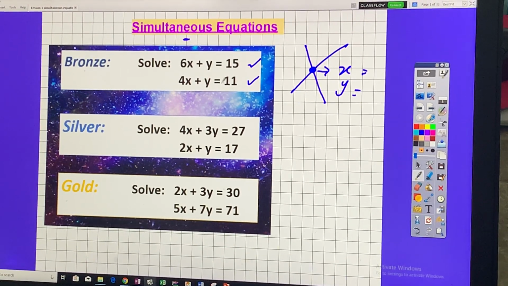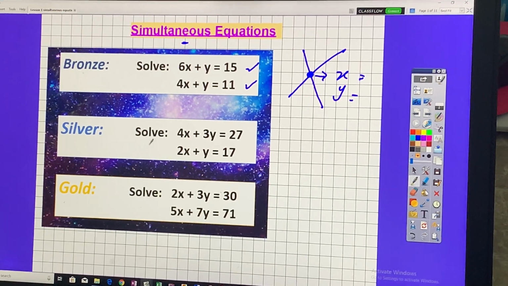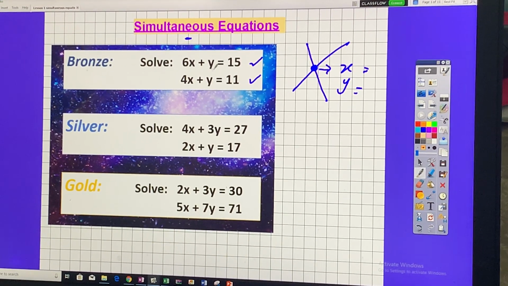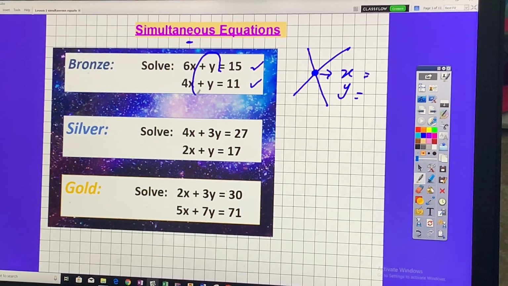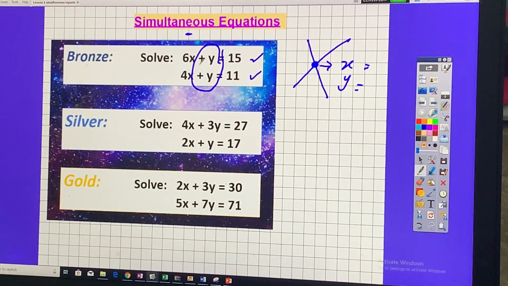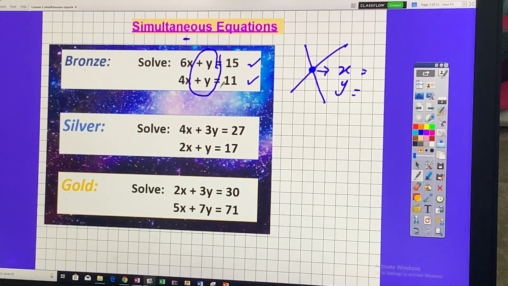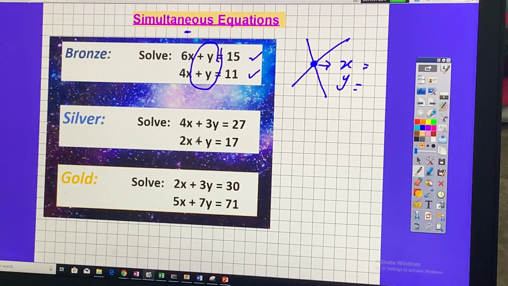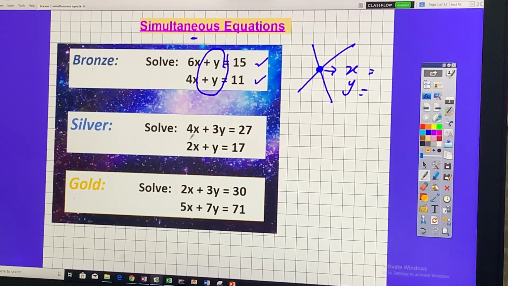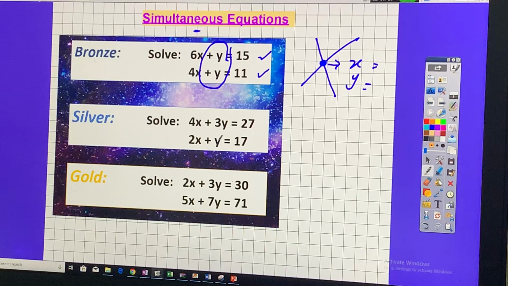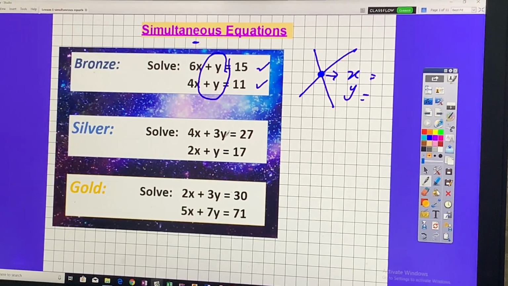Another thing to notice, what's the difference between bronze, silver and gold? Well, have a look. Bronze already has one value of y which is exactly the same in the first equation and the second equation. In silver, if I times this by 2, I'll get a 4. If I times this by 3, I'll get a 3y.